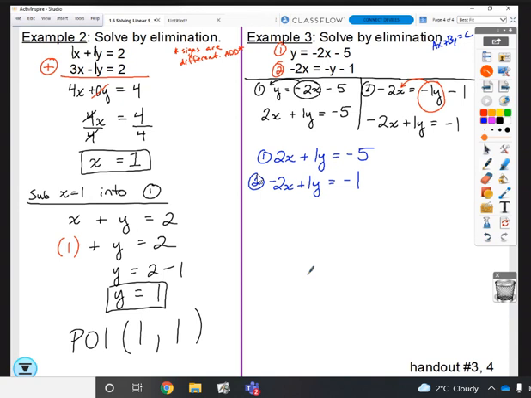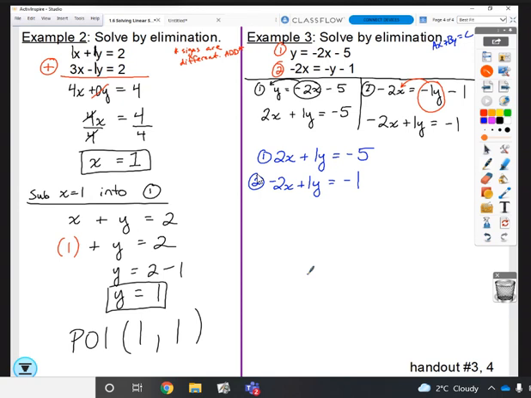Now, if you've already got this stuff down pat, you look at this one, and it's probably so easy that it's confusing. Because which variable are we going to eliminate? Is it going to be x or is it going to be y? It can be either of them, absolutely.